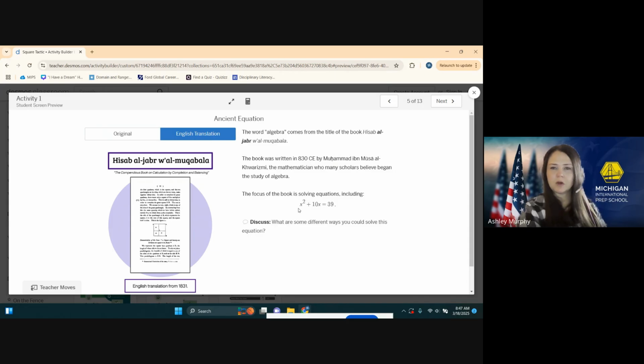It's very small. So basically, different ways we could solve this equation are the two methods that were described on the last page. We could try to make it equal to 0 and then factor.